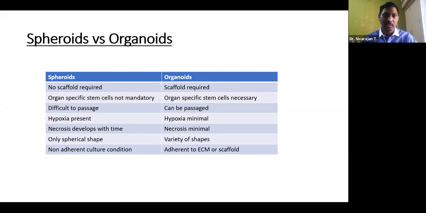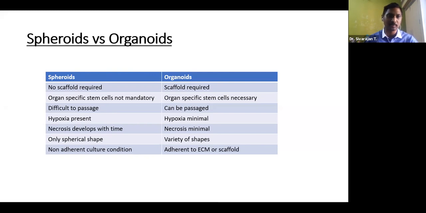Necrosis develops with time because there is no stem cell to regenerate. Necrosis will be minimal in organoids. Spheroids will be only spherical in shape, while organoids will have a variety of shapes depending on the type of organ that you're working with. And for spheroids, you need a non-adherent culture condition, and for organoids, you need adherence to ECM or scaffolds.